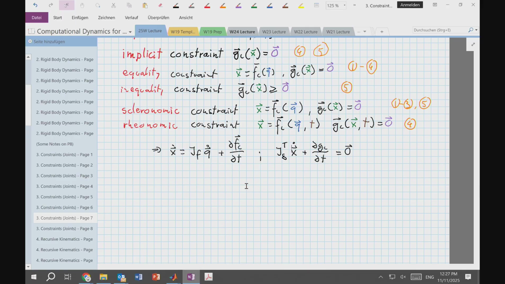How do you keep these apart? How do you forever, and I literally mean forever, remember which is which? These are Greek terms. Scler means rigid, and rheo means something that is in flow, fluid, right? And that is the time dependency, right? Here the constraints are rigid, in the sense not that they're not moving, but they're not time dependent.